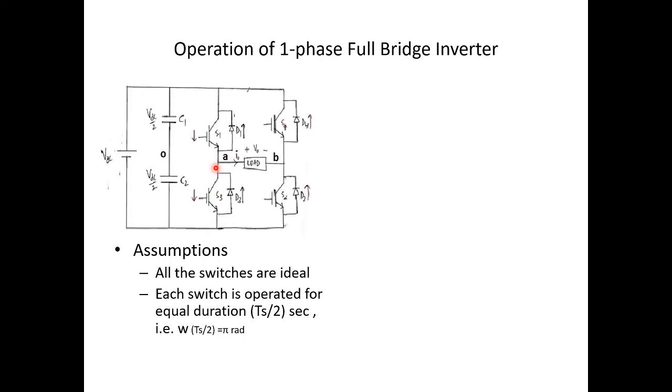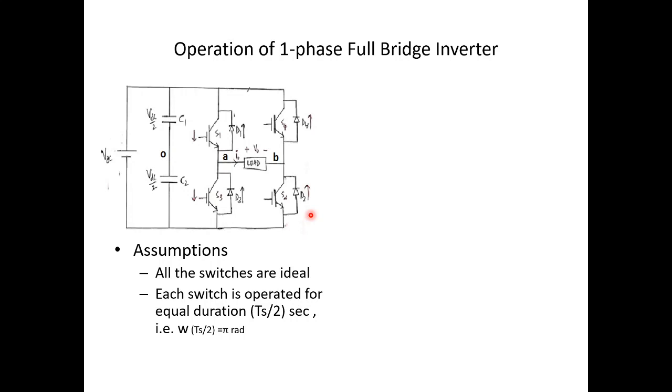This is shorted, so applying KVL, you can see that VAO would be minus VDC by 2 if the bottom switch, S3 or D3, is conducting. Similarly for the second leg, if the top switch is conducting, the corresponding pole voltage VBO would be VDC by 2. If the bottom switch is conducting, that is either S2 or D2, then the corresponding pole voltage VBO is equal to minus VDC by 2. So please keep this in mind.